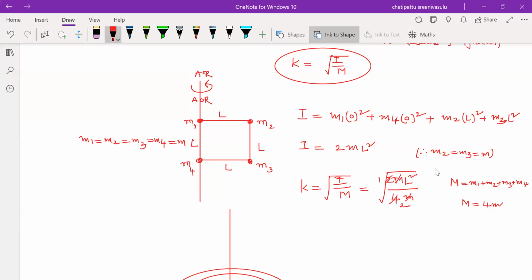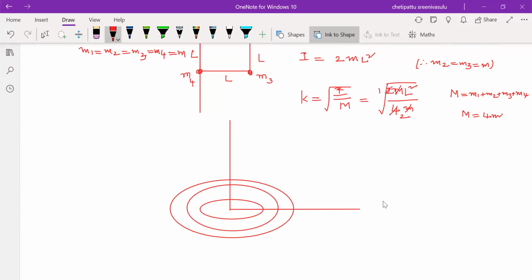So the answer is k equals 1 by root 2 L. This is the radius of gyration.